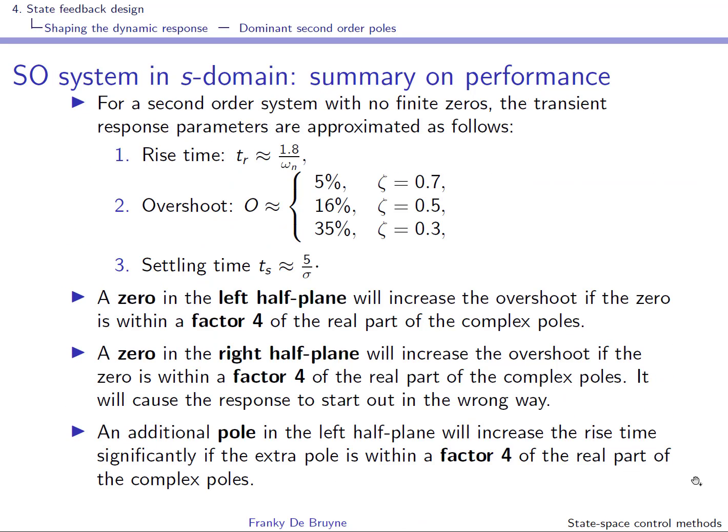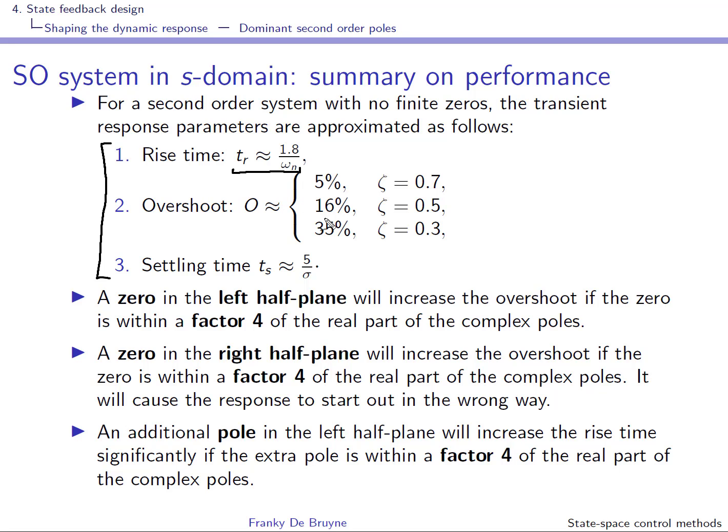So here's a summary on performance and on how you can shape the dynamic response in the case of dominant second order poles. For a second order system with no finite zeros, you can use the following rules of thumb. The rise time is approximately given by this expression here, and it's mainly influenced by the natural frequency.